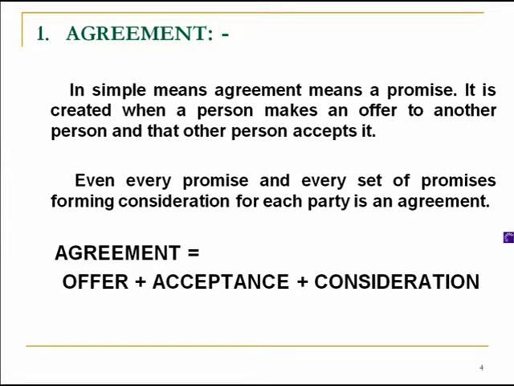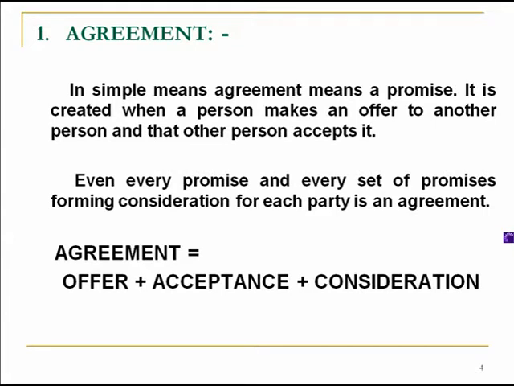Offer means suppose X is saying to Y to do something. This is the willingness of X where he is showing his opinion. And if Y is giving his consent for the same proposal made by X to him, it is known as acceptance. And thirdly, if both parties are mutually getting something from each other, that is consideration.